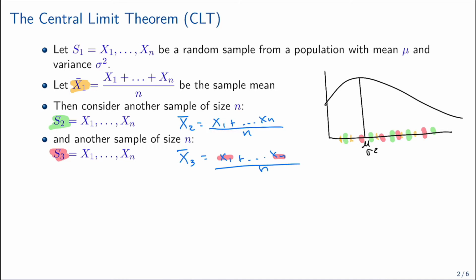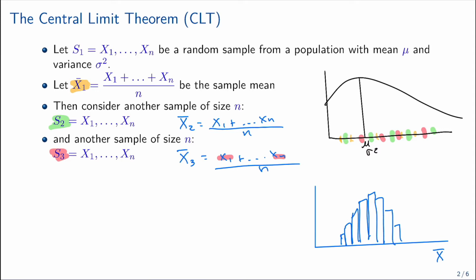So if we take all the samples x1 and x2 and start to make our own distribution of samples, in this case now we are going to have x mean, so we have the means, and if we collect them all, it looks something like that. So it actually will look like a normal distribution, but this is the distribution of the means of all the samples that we have.